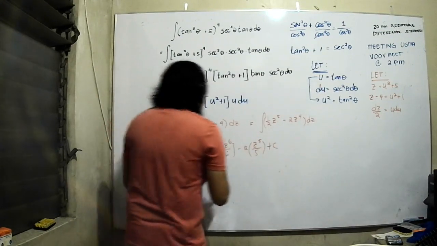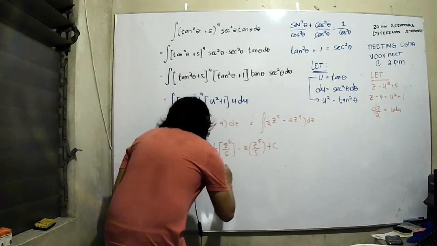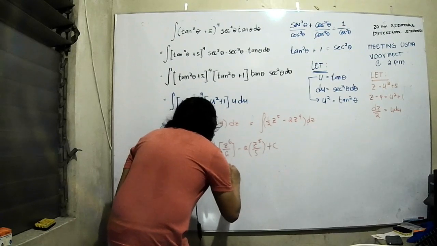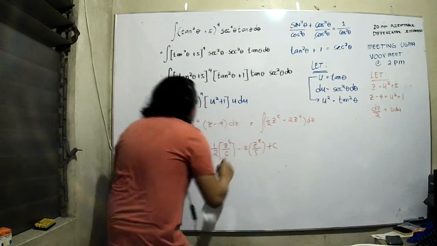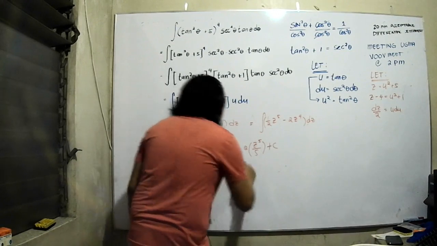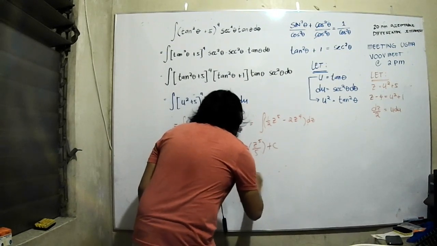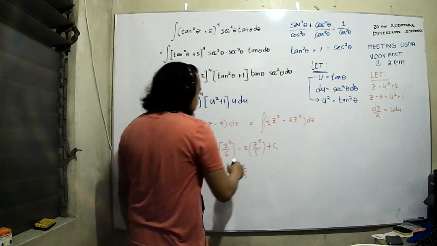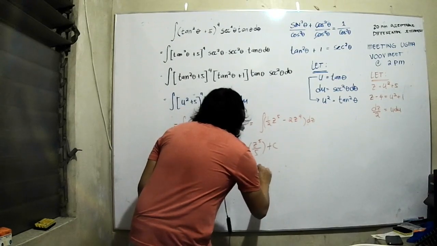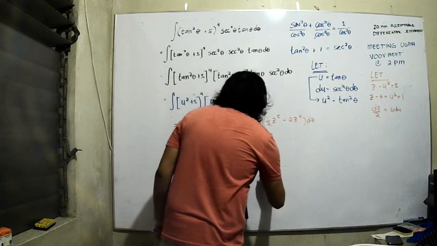This becomes z to the 6 over 12 minus 2/5 of z to the 5th plus C. Okay?